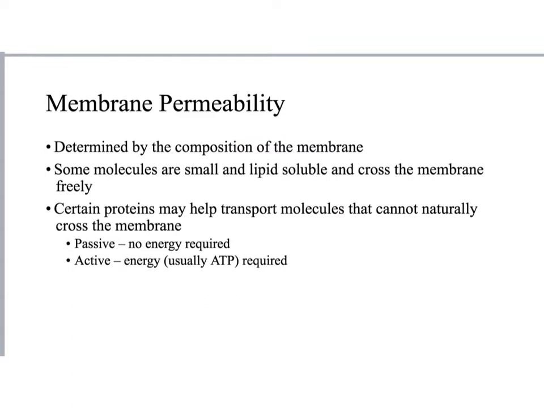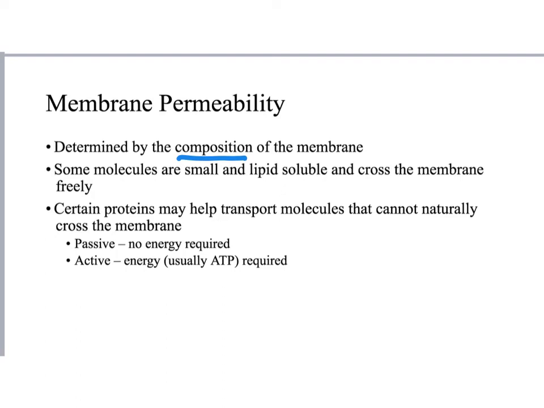So what causes this selective permeability? Well, we've already been talking about this, but the composition of the membrane is huge. Because the membrane has those phosphates on the outside, but that sandwich layer of lipid in the middle, things that do not interact well with lipids will have a hard time passing, as I mentioned.